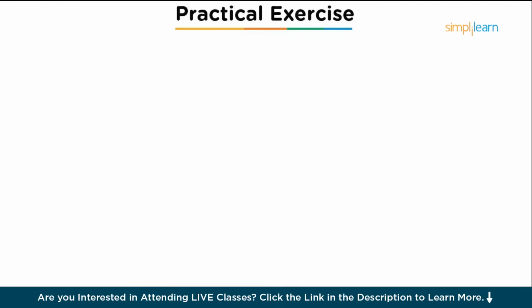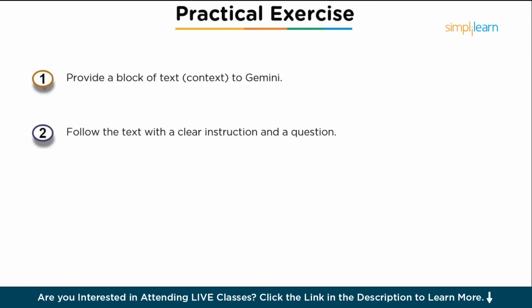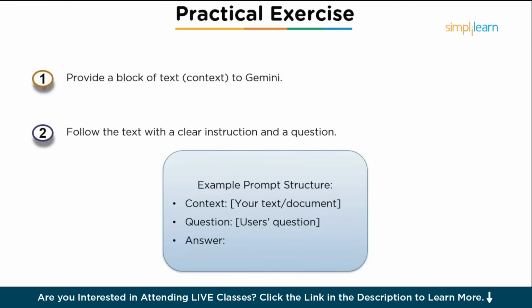For this practical exercise, we'll begin by providing Gemini with a block of text which will serve as the context, effectively giving the model the background information it needs. Following this context, your next step is to add clear instructions and a specific question which tells Gemini exactly what you want it to do with the provided text.